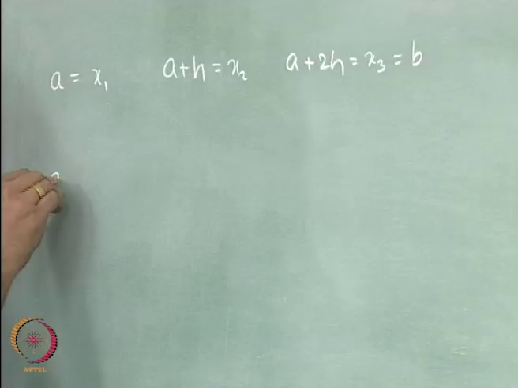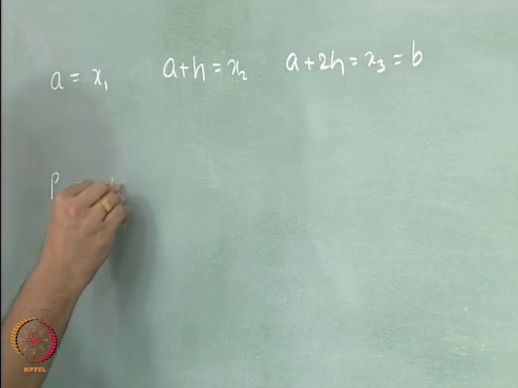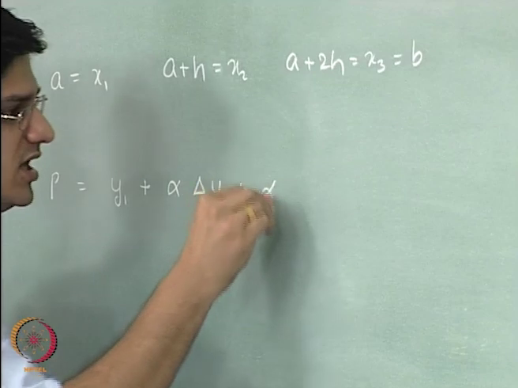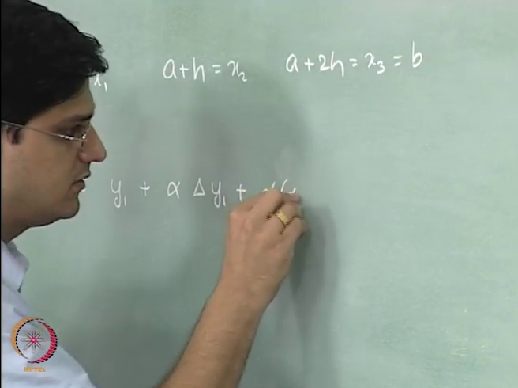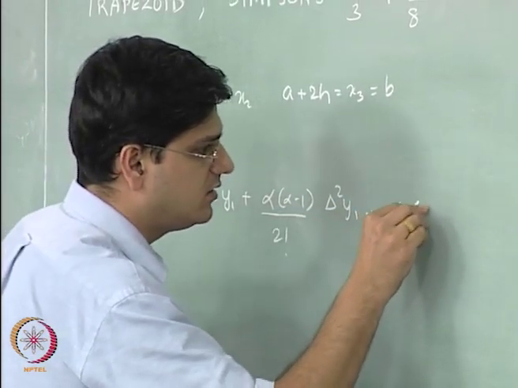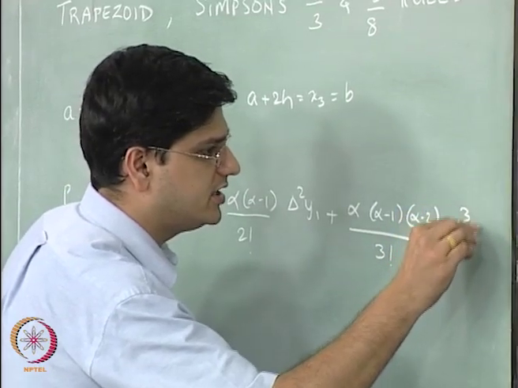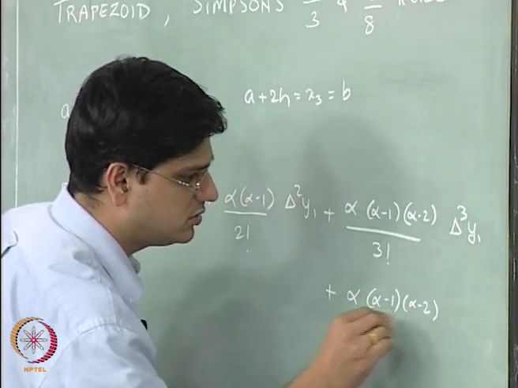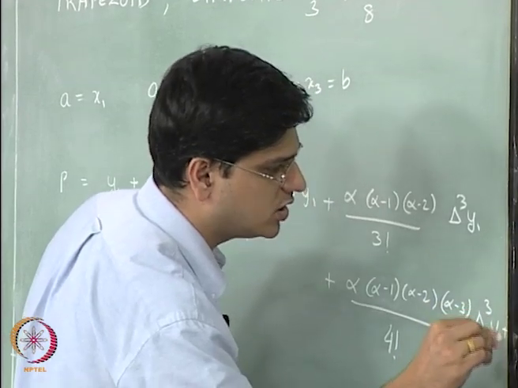So a general polynomial p, using the forward difference formula, is going to be y1 plus alpha times delta y1 plus alpha into alpha minus 1 by 2 factorial delta squared y1 plus alpha minus 1 alpha minus 2 divided by 3 factorial delta cubed y1 plus alpha minus 1 alpha minus 2 alpha minus 3 by 4 factorial into delta to the fourth y1 and so on.